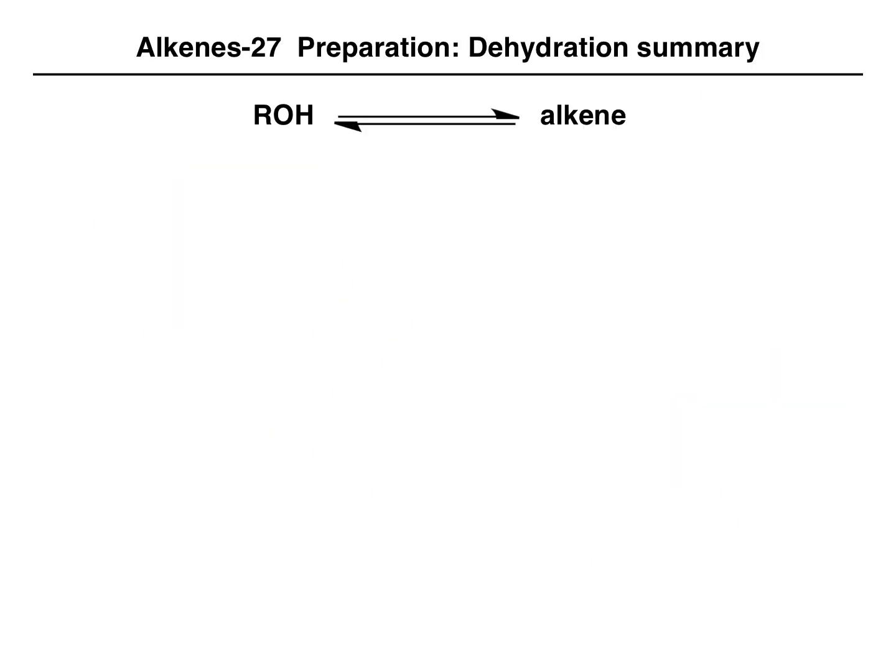So finally, let's summarize the preparation of alkenes from alcohols. So this is a dehydration reaction, which proceeds through the loss of water. The reaction conditions that you need to recognize would be a strong acid such as sulfuric acid or phosphoric acid, and heat.